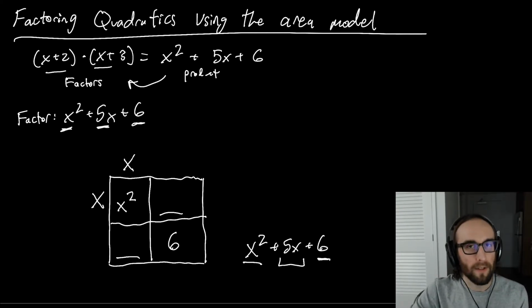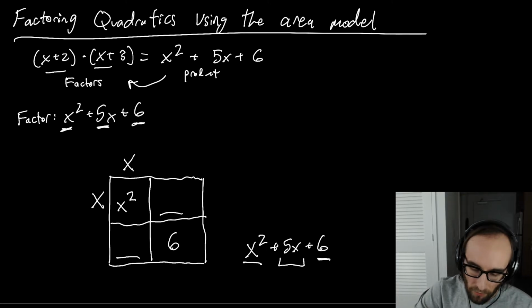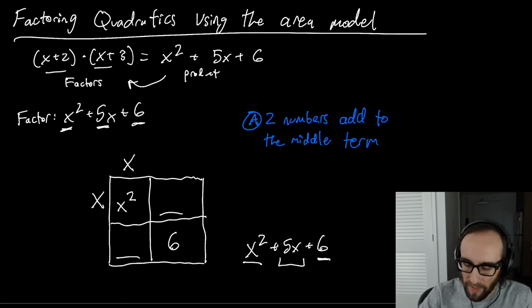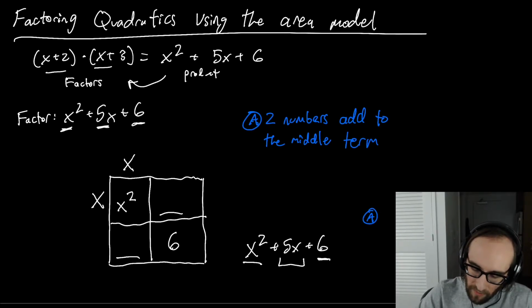We know a few pieces of information about these two numbers. So first, we know that the two numbers add to the middle term of our product. In this case, what that means is that the two numbers add to our middle term here, 5x, so they add to 5.